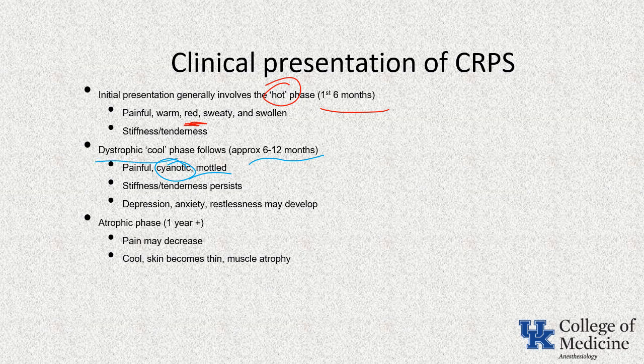This is known as the dystrophic or cool phase. And then there's the atrophic phase, where the disease occurs longer than a year and the extremity becomes cool, the skin is thin, and the muscle starts to atrophy. You don't really see it clinically in these time phases, and some people never have muscle atrophy, but they can present with any of these pictures.